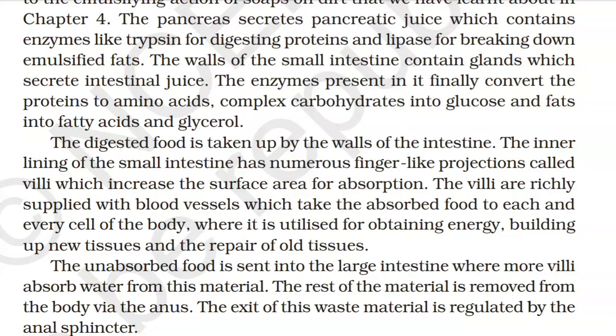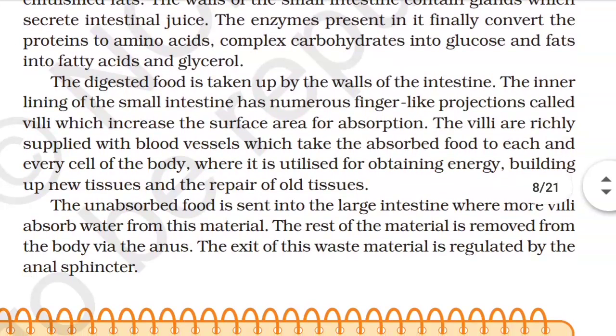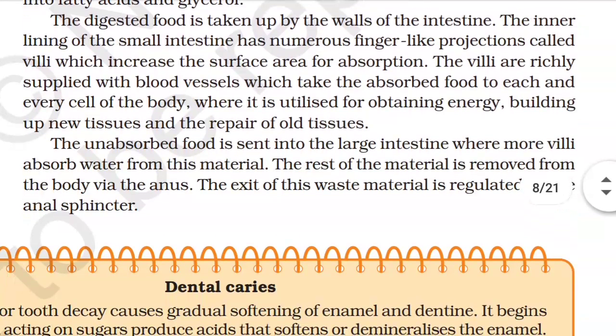The walls of the small intestine contain glands which secrete intestinal juice. The enzymes present in it finally convert the proteins to amino acids, complex carbohydrates into glucose, and fats into fatty acids and glycerol. The digested food is taken up by the walls of the intestine.